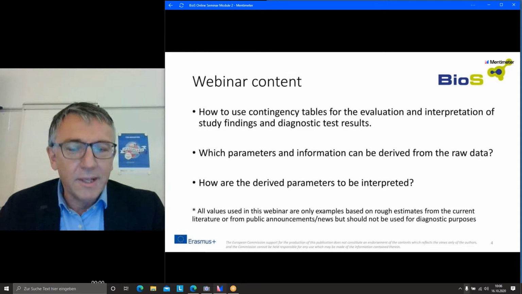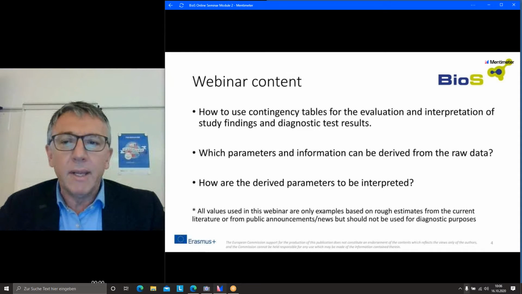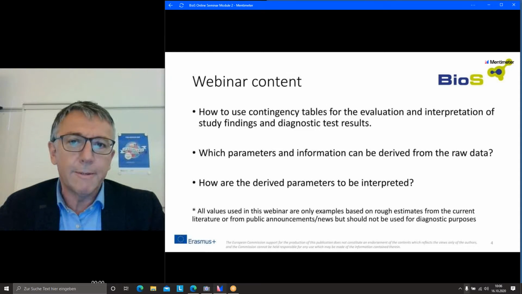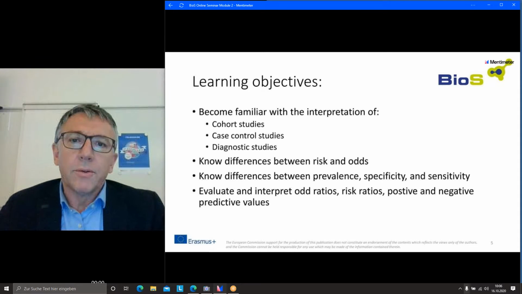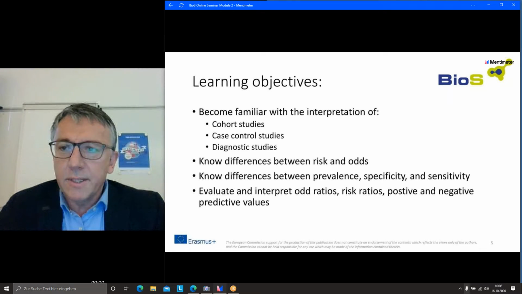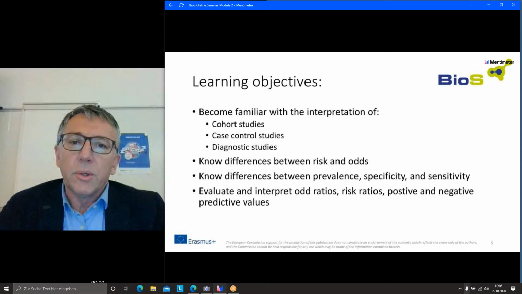They are not fake, they are real, but they may not represent the actual numbers for your population or for your individual patient. So the learning objectives are about the different studies we deal with.